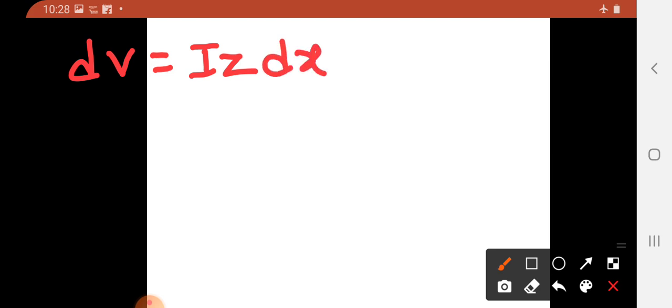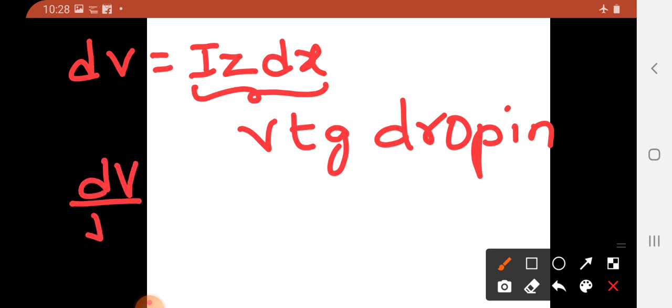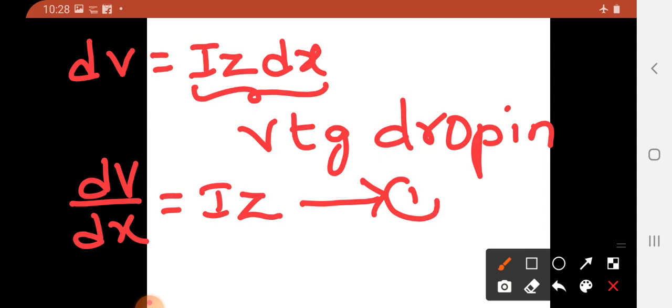This is the voltage drop in the element dx. Then we can write this equation as dv by dx is equal to I into z. Let this be equation 1.